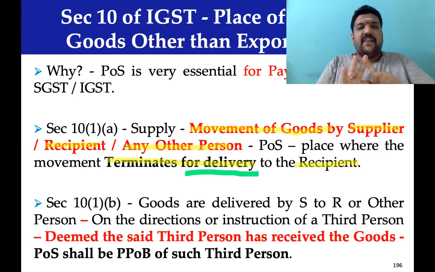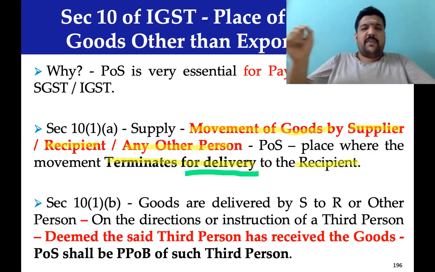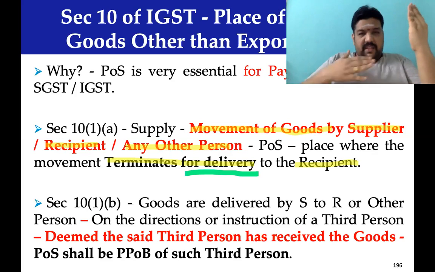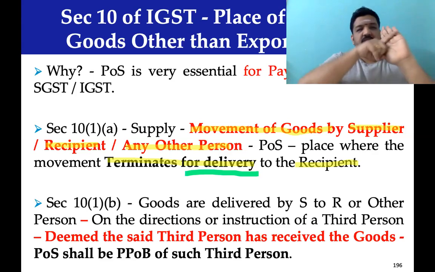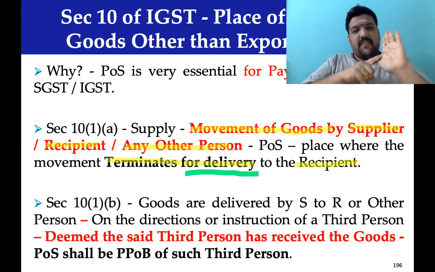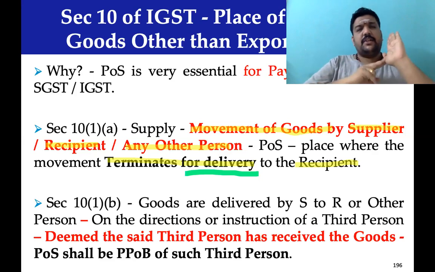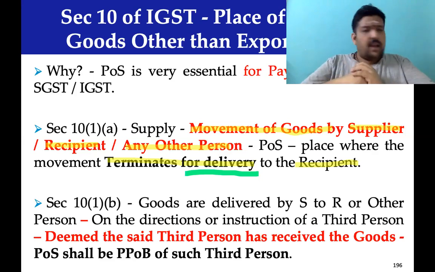See, IGST will not have a state color, whereas CGST and SGST will have a state color. So what do you mean by state color? It comes along with that state name. State color, we'll call it. Now, if I have a CGST and SGST transaction under my GST name with another state's name mentioned, I would not be entitled to claim credit because my registration is a Bangalore registration, Karnataka registration.